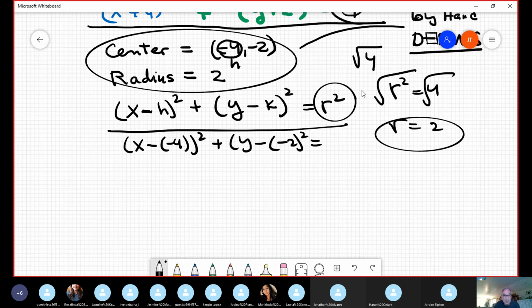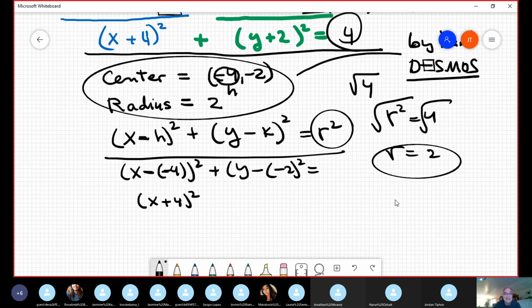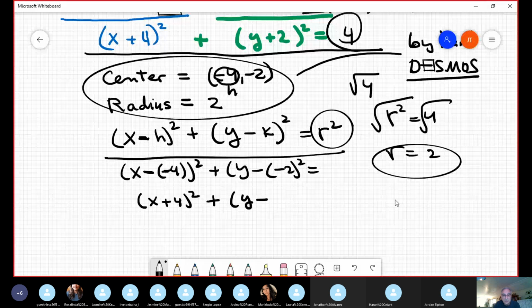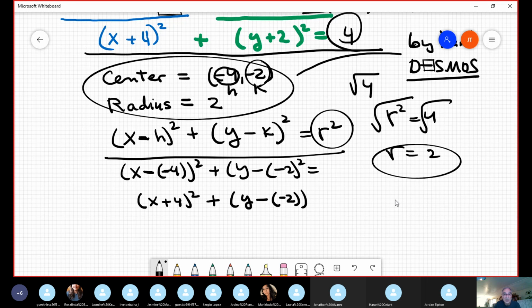When you substitute your h here, negative 4, this negative is the negative of the formula, and this negative is the value of negative 4. And together they become positive, like the answer I get after completing the square. Like y, it happens similarly, y minus negative 2, because k is this number. And when you do substitution, the negative of the formula and the negative of the value, that is the reason they can become positive. Entonces, x plus 4 squared, y plus 2.